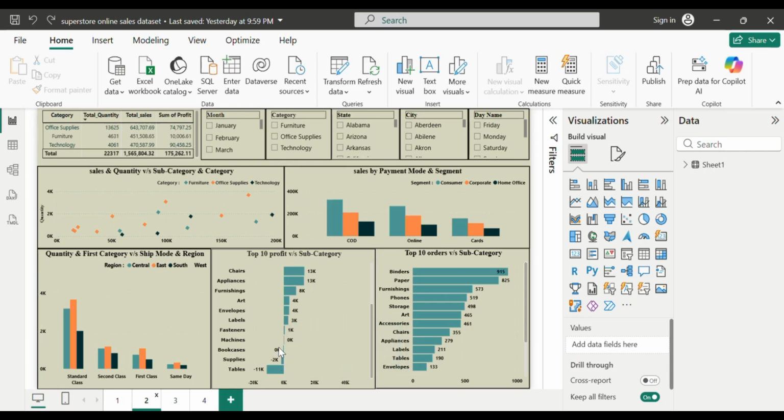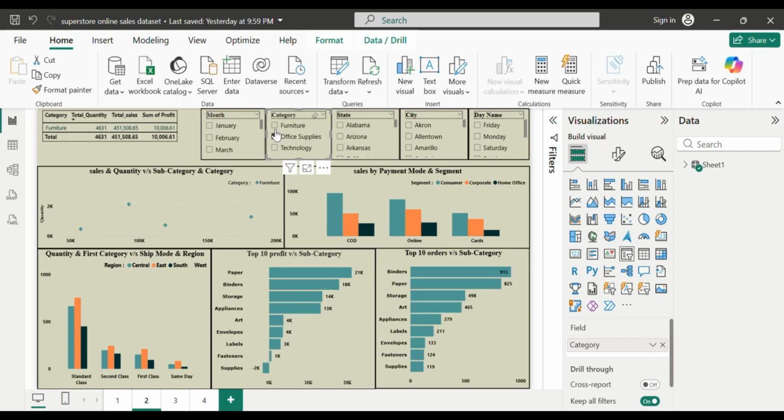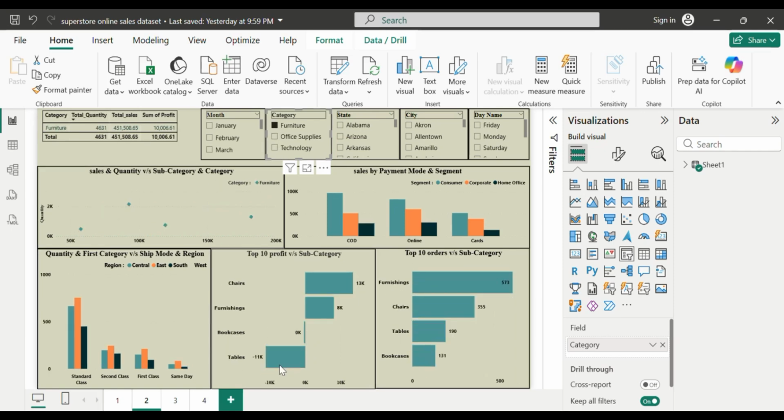This bookcase, 342. So this is a strategy, the bookcase and supplies strategy. Just see furniture, furniture is loss. Office supplies.